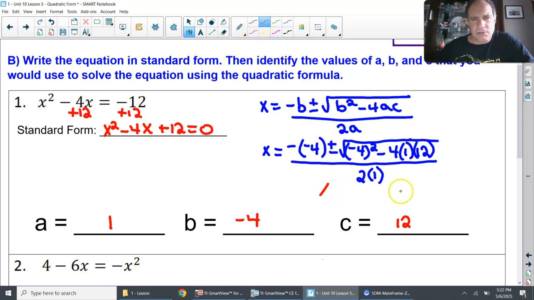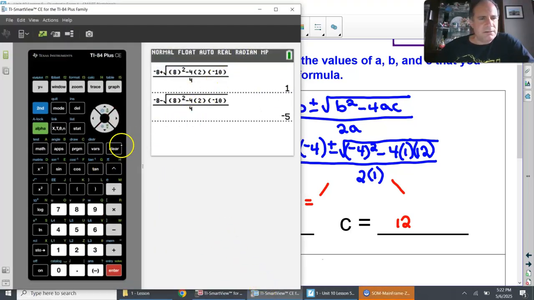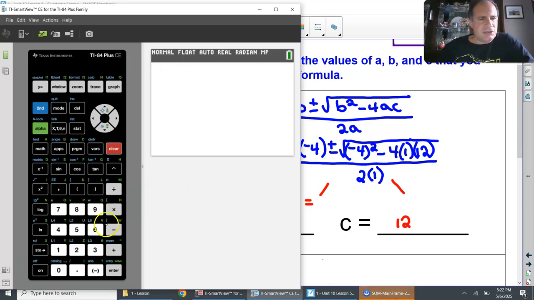So I'm going to just go like this and like this because I'm running out of space. And x equals, let's go ahead, bring up this calculator, and we're going to clear that out. And just remember, it was 2 negatives. We're going to press alpha x because that's in the numerator. -4. We're going to let the calculator figure that out. And we're going to do the plus side first. The square root of -4 squared minus 4 times 1.